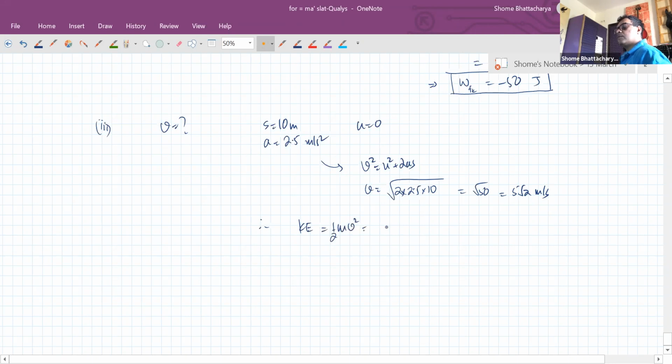So therefore the kinetic energy, half mv square, is 50 joules. Note that the net work done, which is the algebraic sum of the work done by each of the forces, is becoming the same.